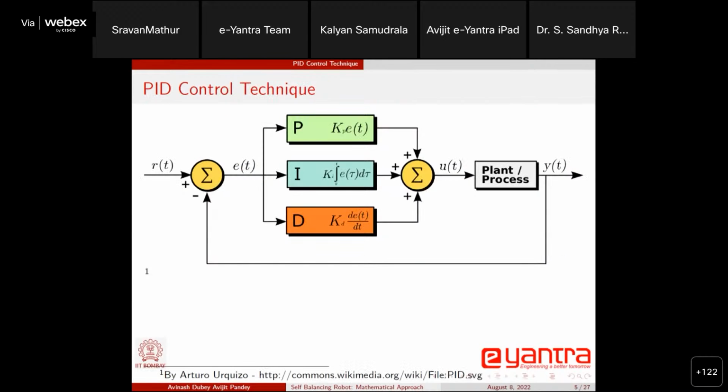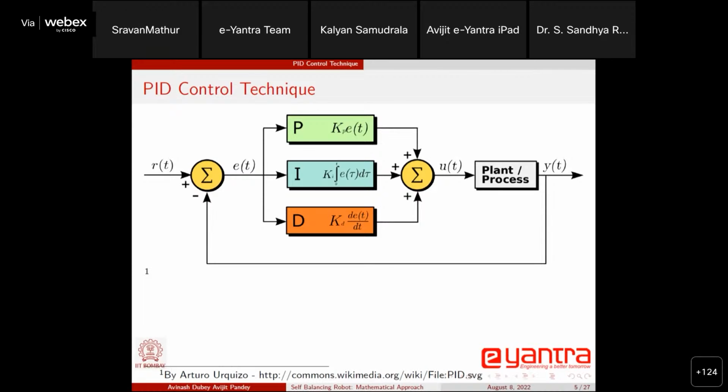But before that, we'll go into the PID control technique, which we are usually used to in our control design techniques. So what is the PID control technique? We have a plant where the input U is given and we have some output Y, and we have some reference input R(t), which we need to track, right?